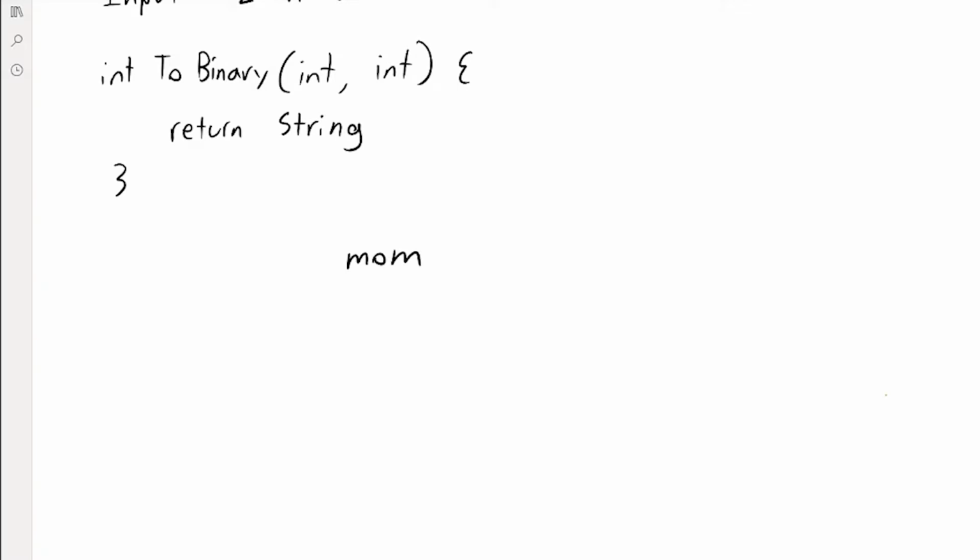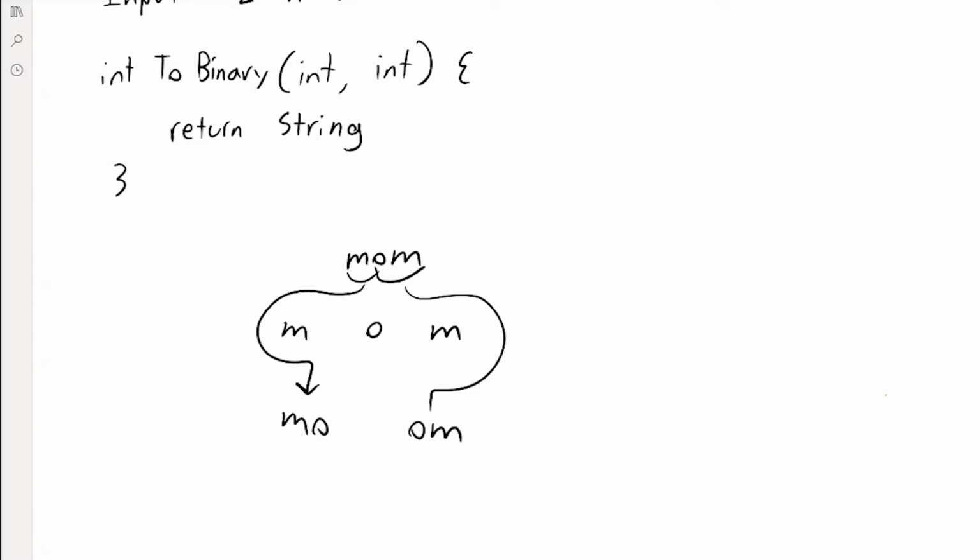So every single combination of substrings, including single letters, would be M, O, M, also MO, and OM. Now the full set does technically also count, but we won't have a match with it because there's only ever one instance of all the letters.